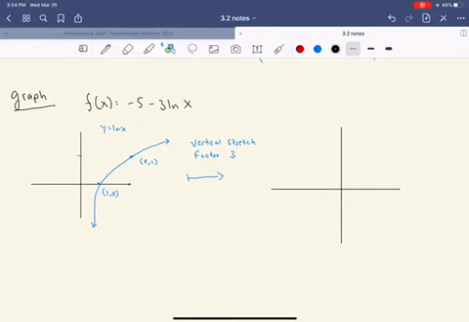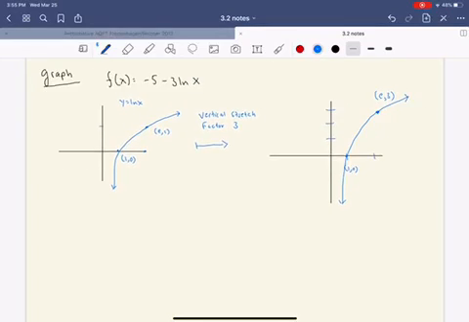What's that going to go through? Well, this 1, 0 stays 1, 0 because you're multiplying that 0 by 3. Instead of e, 1, it becomes the point e, 3. Okay. So then we're going to have a graph that looks like so.